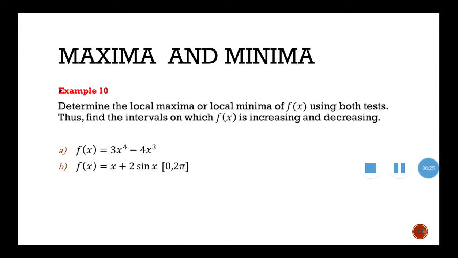So for this one, I'm going to do the first test, and for this one we're going to try the second test. I want you to try on your own to solve this using the second test and this using the first test. Try at home and compare the results.